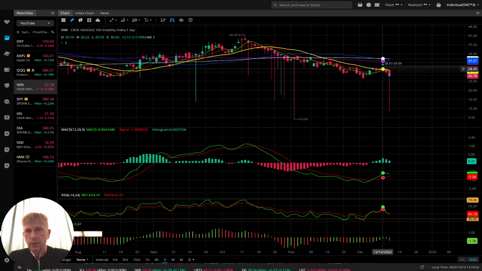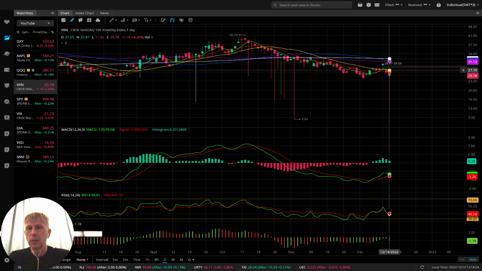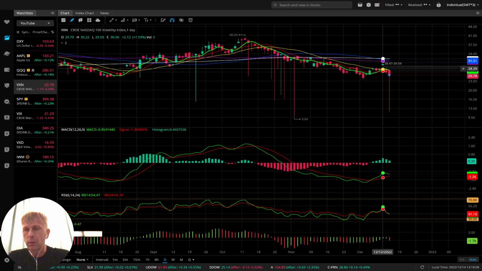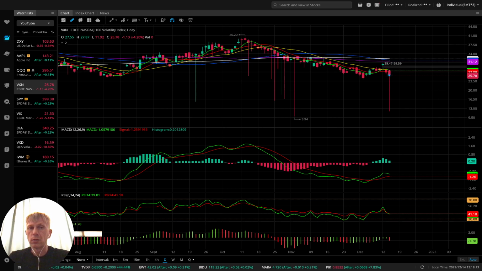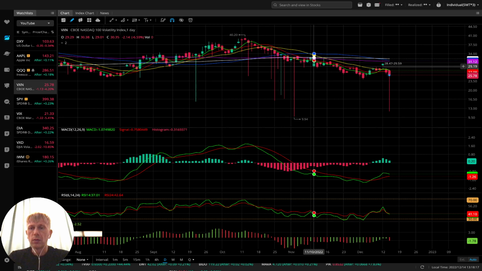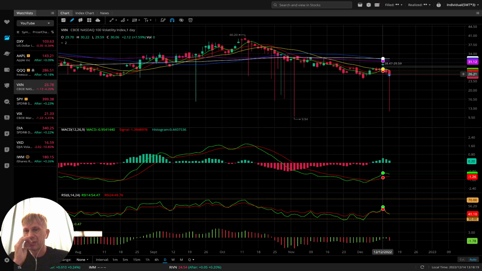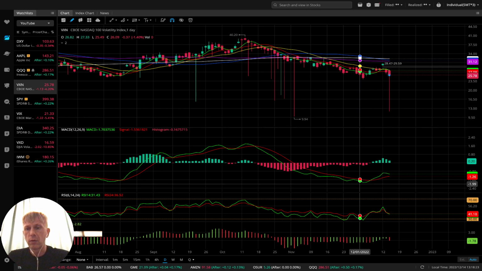MA5 is still above MA20, or it already did a bearish crossover. But still $26. It's very high, but still below all moving averages. Still kind of bearish with bullish divergence, right?